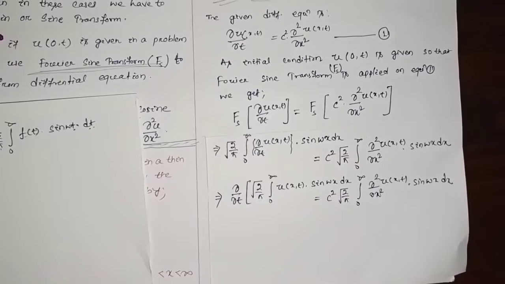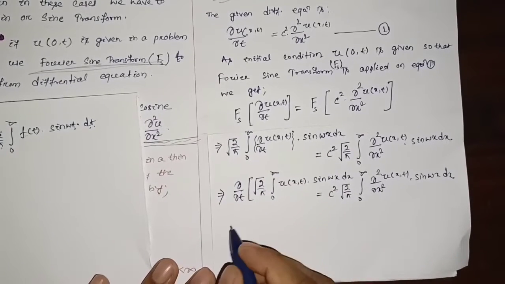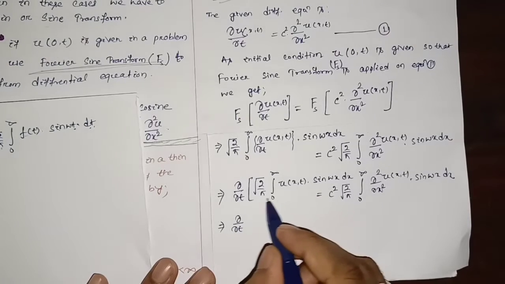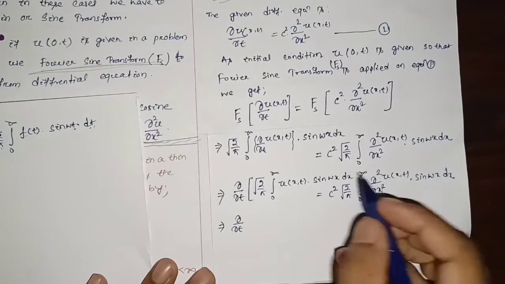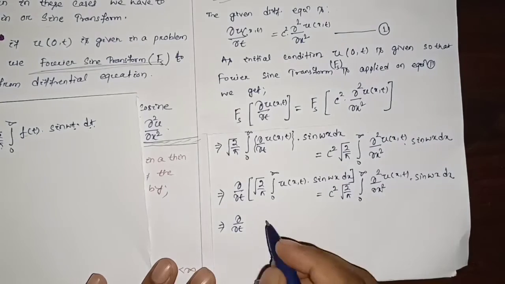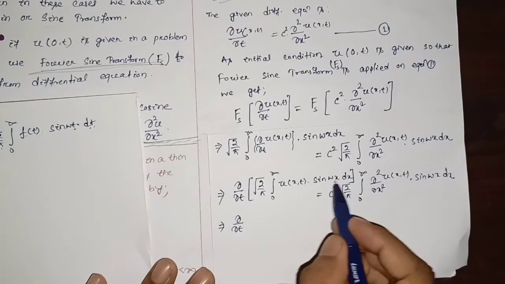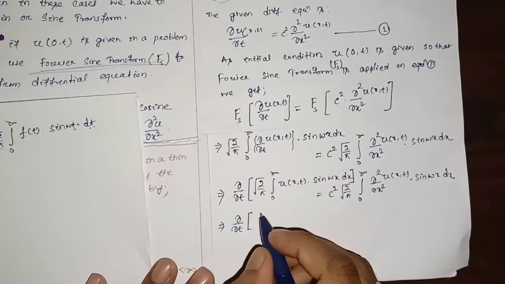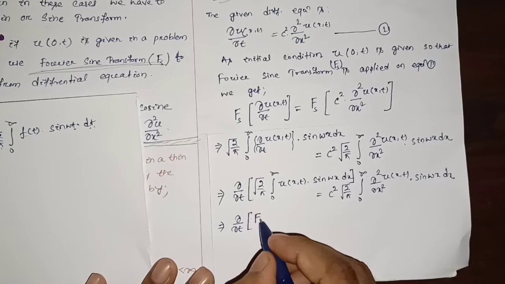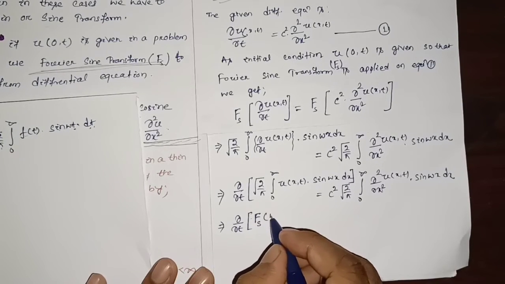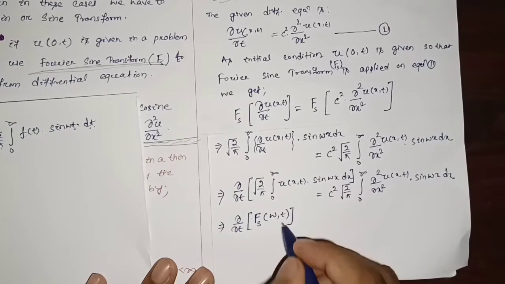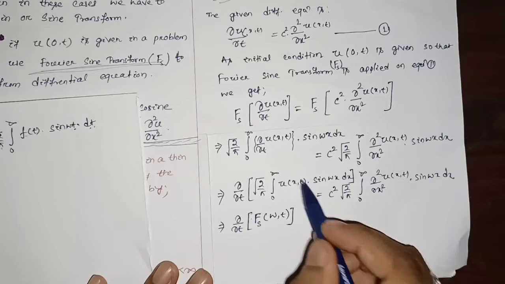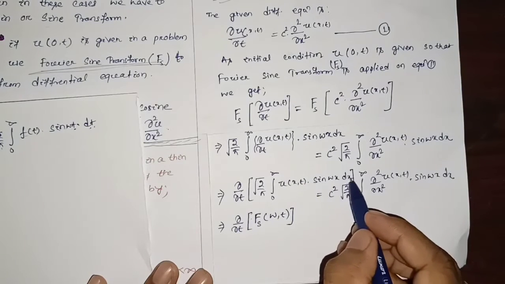now the left hand side will be written as del by del t of, this is nothing but the Fourier sine transform. Okay, put the bracket over here. That means this much value we can write as capital Fs(omega, t). Why? Here you can see that the Fourier transform is applied on the x variable, u(x,t) sine omega x dx.